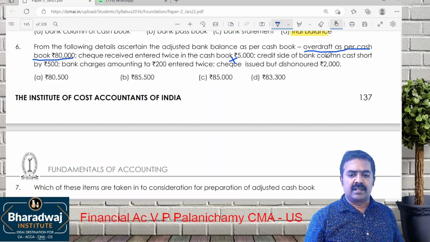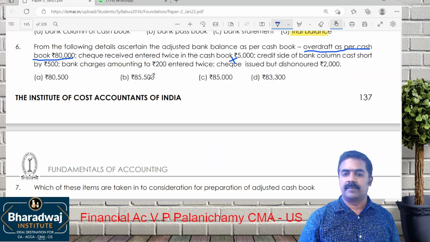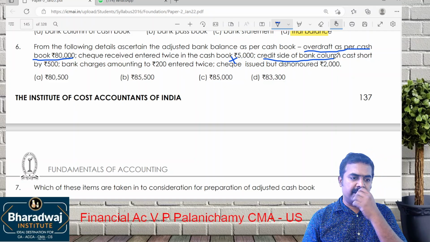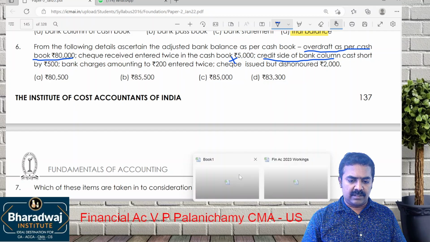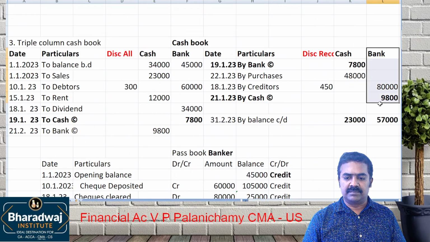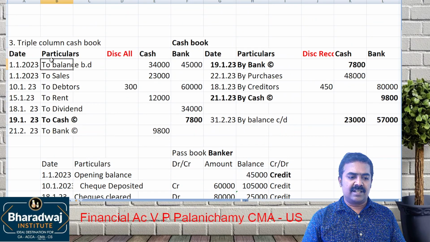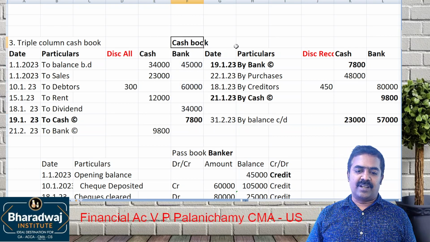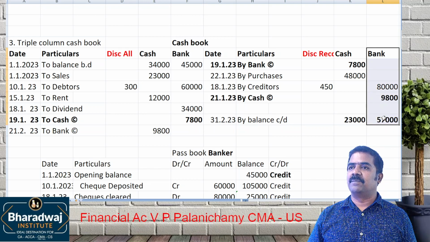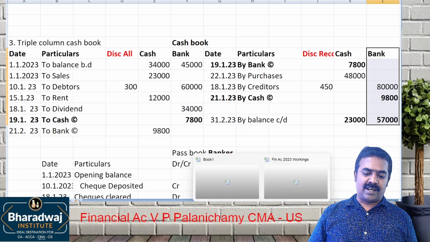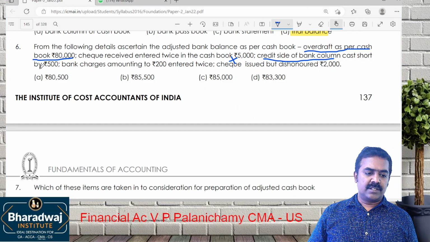Then the credit side of the bank column is cash short by 500. Credit side means payment side, withdrawal side, in the bank column of the cash book, not the passbook. The cost is short by 500.